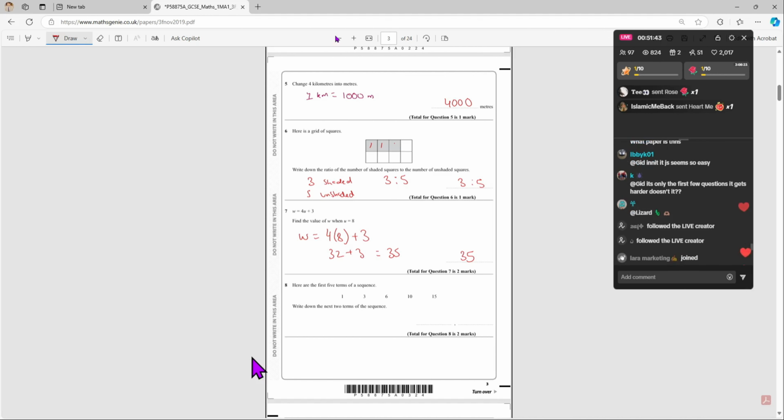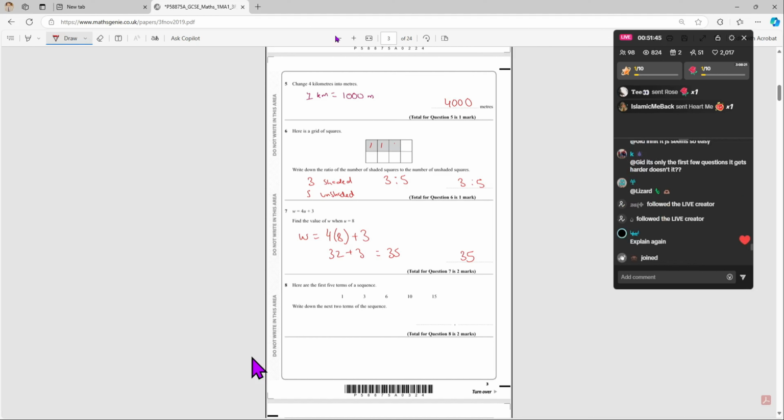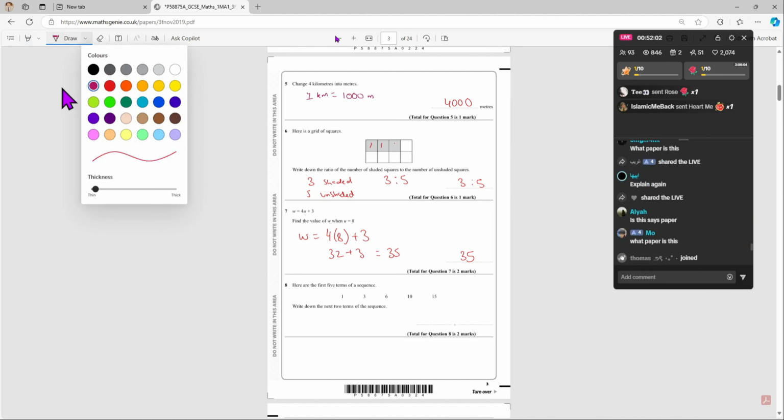So, question number 8. Here are the first 5 terms of a sequence: 1, 3, 6, 10, and 15. Write down the next 2 terms of the sequence. The first thing you have to do is work out what the sequence is going up in.